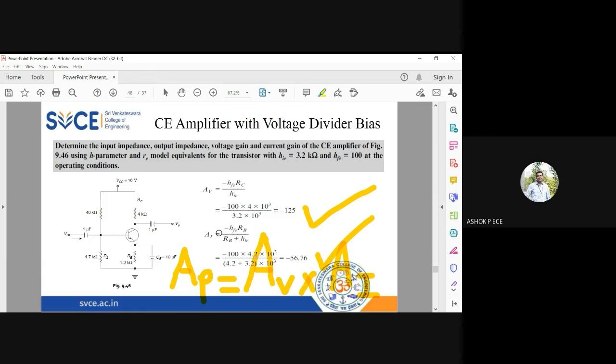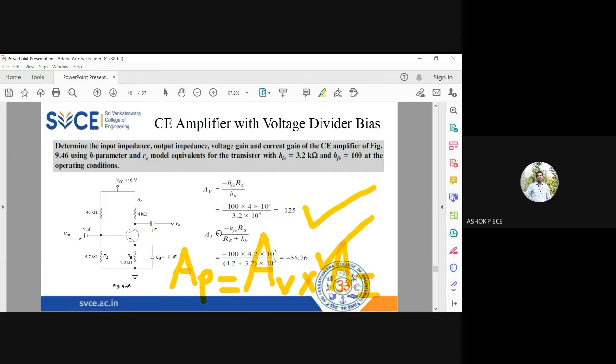Again, in theory we have derived all the formulas. If any problem comes, you have to remember the formulas, and direct substitution of the values will give you the answer for all the 4 parameters. Remember, we'll find all the 4 parameters for all the common emitter amplifiers: input impedance, output impedance, voltage gain, current gain. In case power gain is asked, power gain equal to voltage gain into current gain.